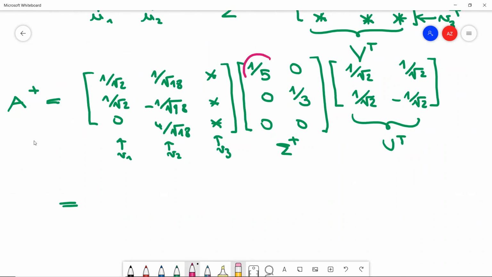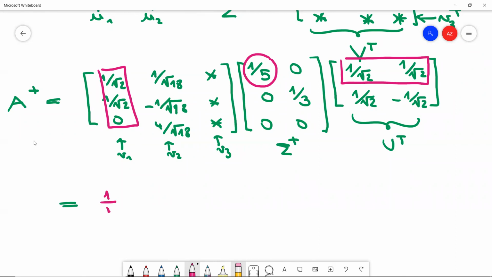We take this sigma 1, and we take V1, and we take U1 transpose, and we get 1 over 5 times the matrix V1 U1 transpose. This is a 3 times 2 matrix.